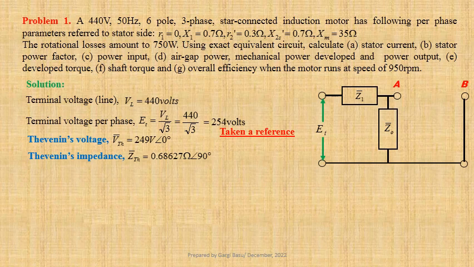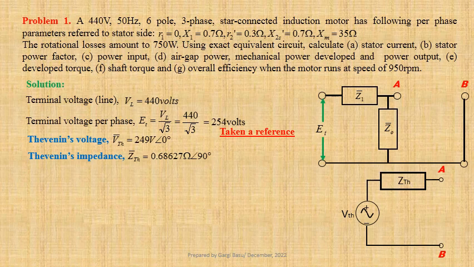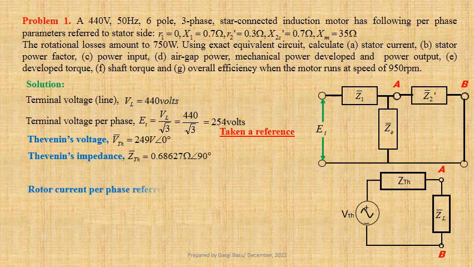Let us draw the Thevenin's equivalent circuit as seen from terminals A and B. Now we shall connect the load, that is the equivalent rotor impedance per phase Z2 dash, back to this circuit. Now we shall determine the load current or the rotor current per phase referred to stator side.